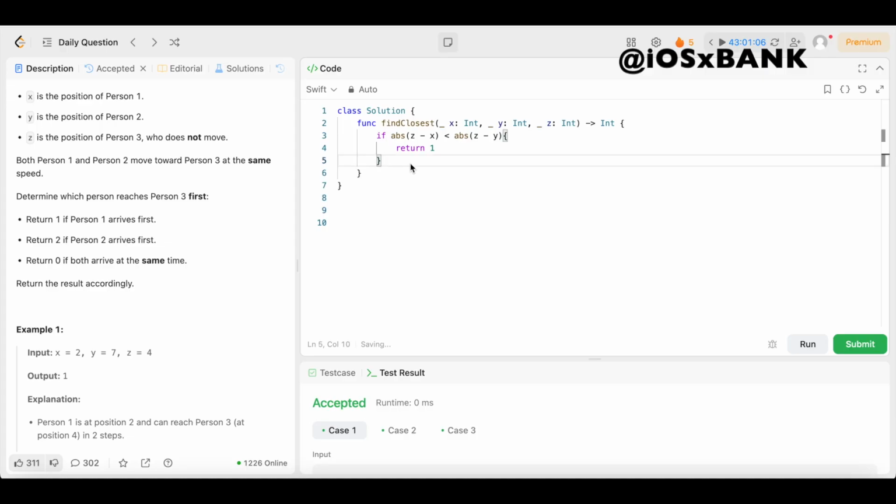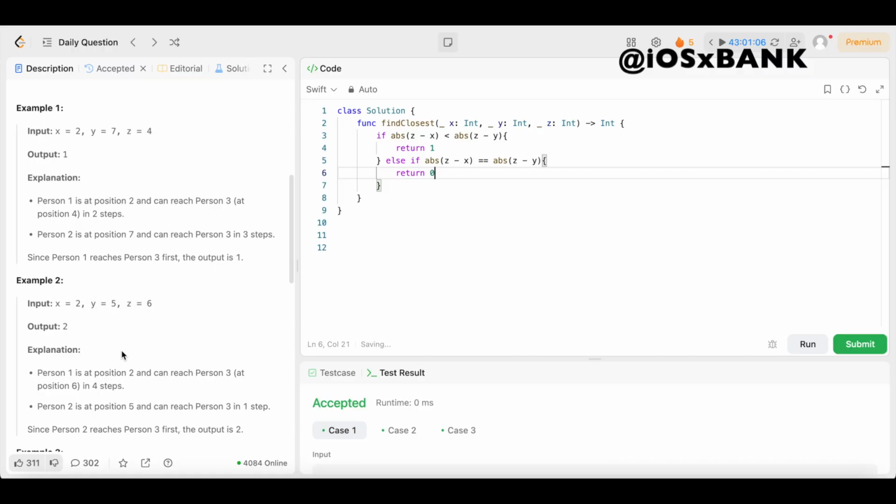So now we're going to come up here and handle the case where they may be equal. So we'll say else if the absolute value of, open up the parentheses, z minus x is equal to the absolute value of z minus y, meaning they're the same distance away, then we could return 0.